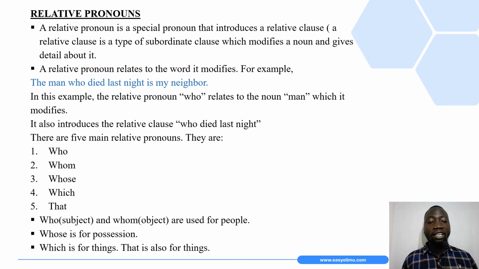There are five main relative pronouns. The five main relative pronouns are who, whom, whose, which, that. We have who as a subject and whom as an object when we use them to talk about people.